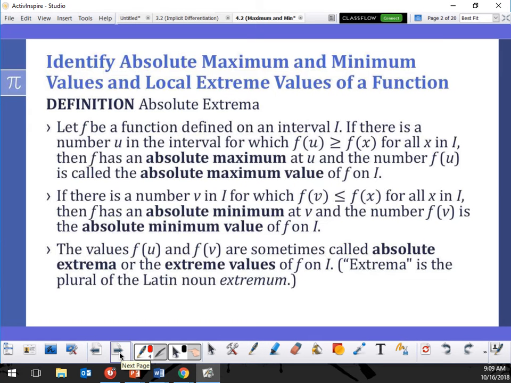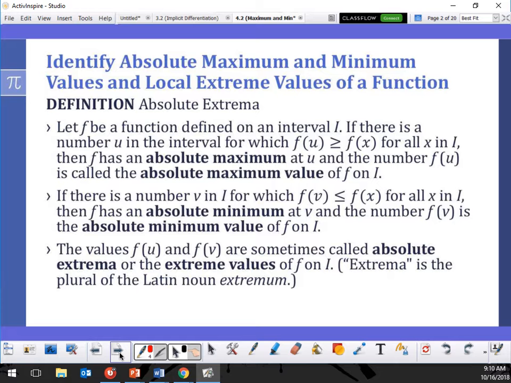I identify absolute maximum and minimum values and local extrema of a function. So the definition of absolute extrema would be: let a function be defined on an interval I. If there's a number u in the interval where f of u is greater than or equal to f of x for all x in I, then f has an absolute maximum.